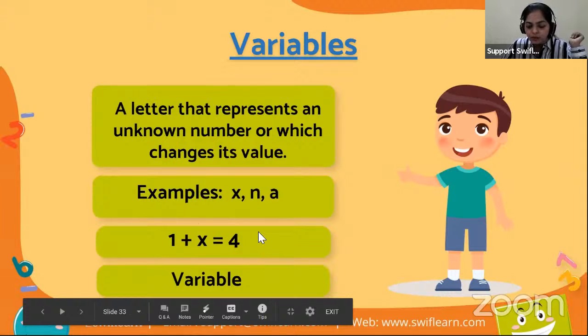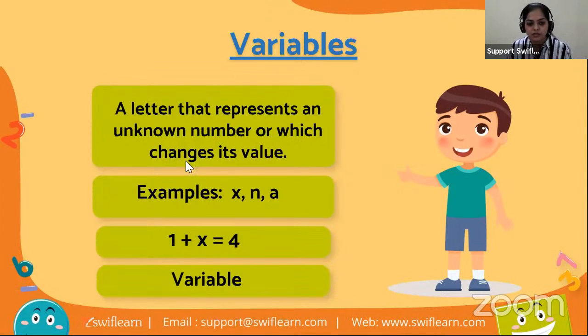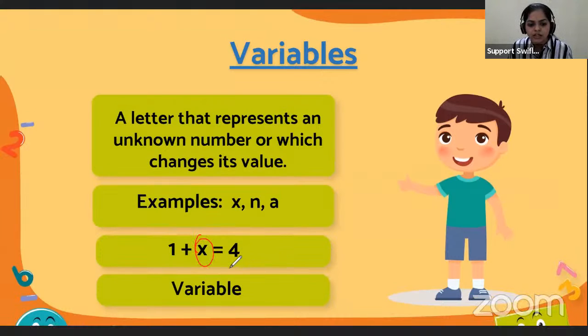It's an algebraic equation. What is the variable in this equation? We must say the variable here is x. And what are this 1 and 4? They are constant terms because they don't change their value. So 1 and 4 are constants and x is a variable because it changes its value. All right, great. I hope you all understood.